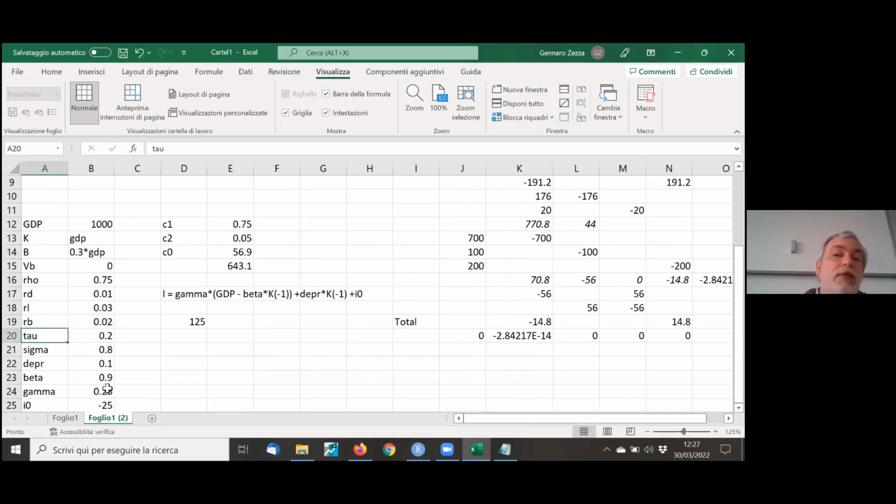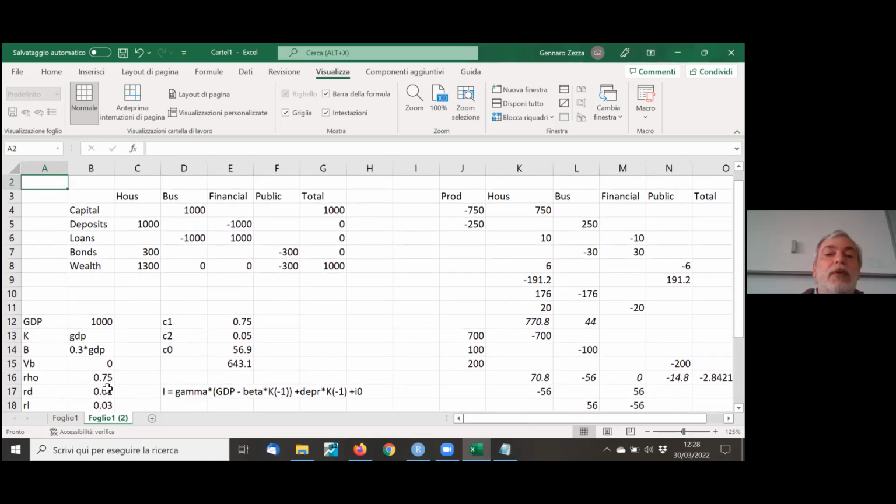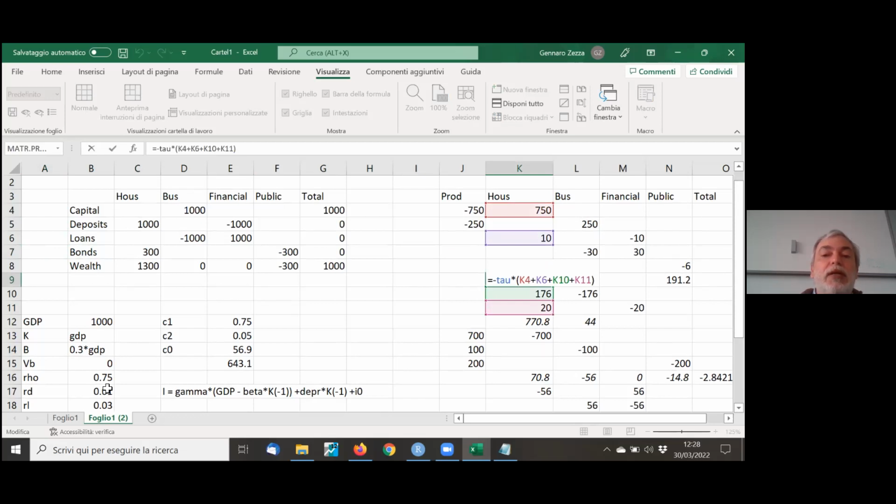In the taxes paid by the household, also the interest on the public loan. The taxes paid by households are here. And yes, the public bonds are paid in 8.